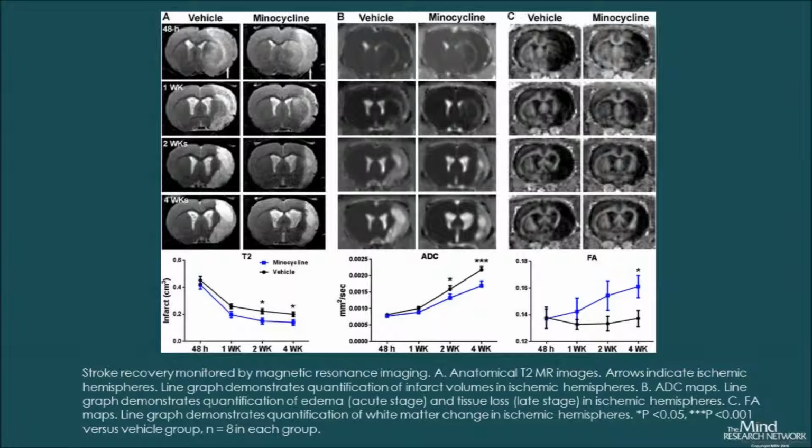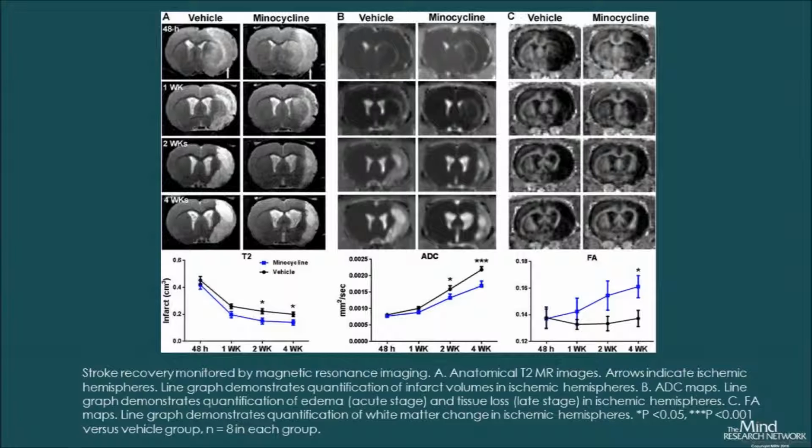On panel A are anatomic T2 MRI images. The arrows indicate the ischemic hemisphere. The line graph demonstrates that minocycline can significantly reduce the infarct, particularly during the recovery phase.